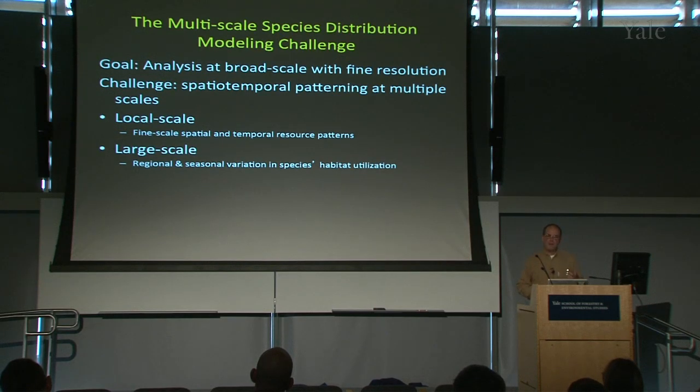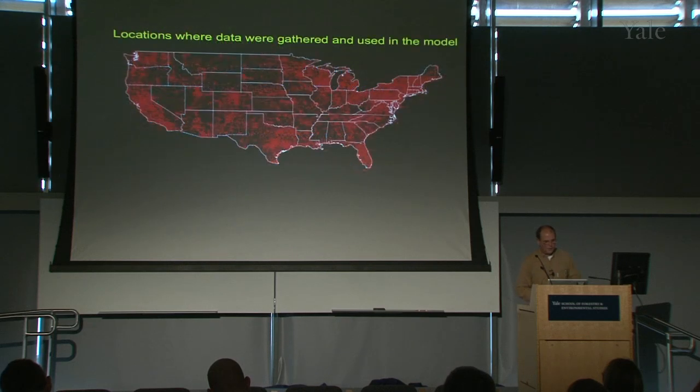So we're using very fine scale variables, but we're scaling these fine scale variables up to really large regional and year-round processes. We run these models annually, and you'll see in the next slide why.